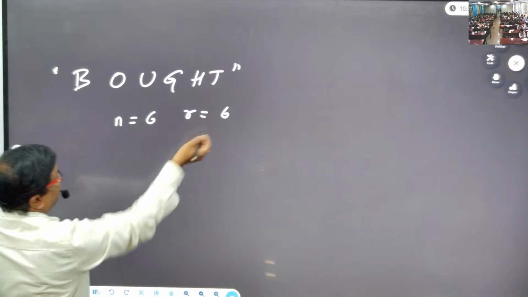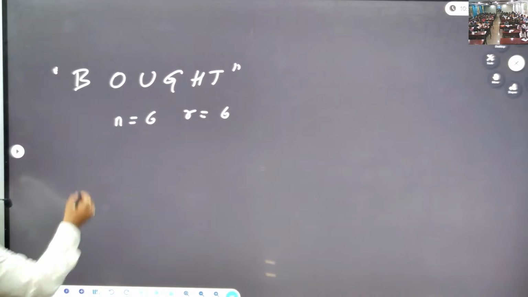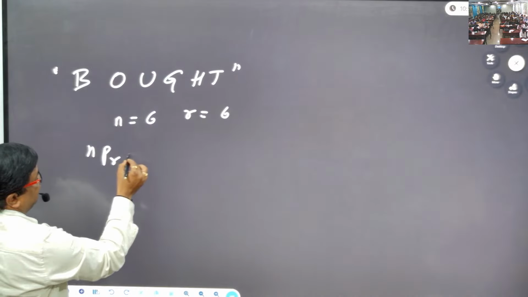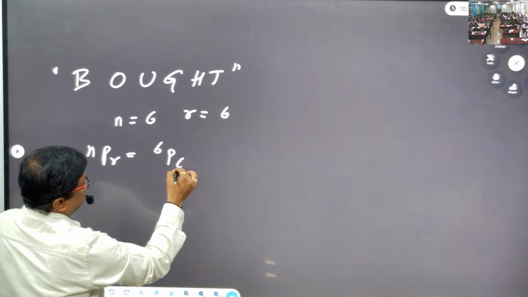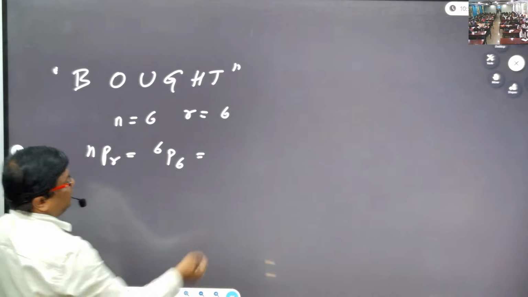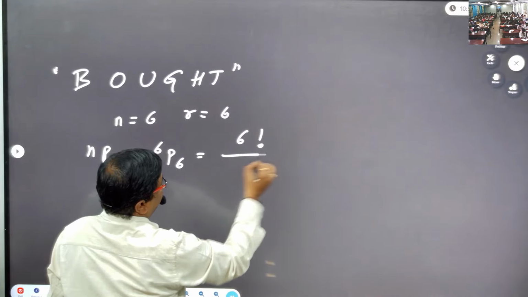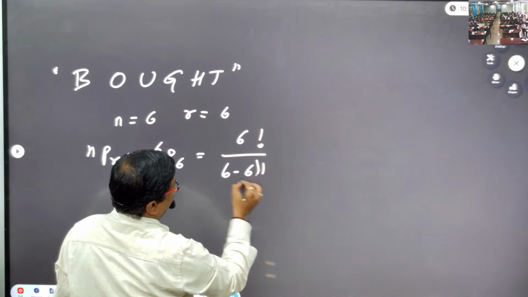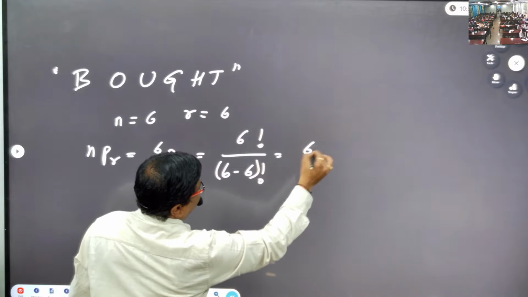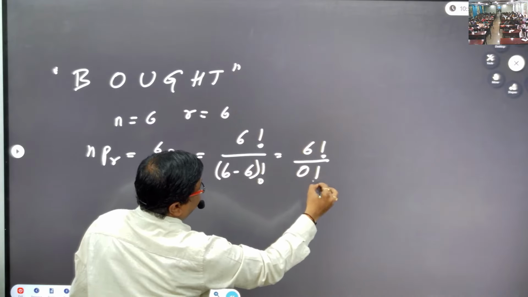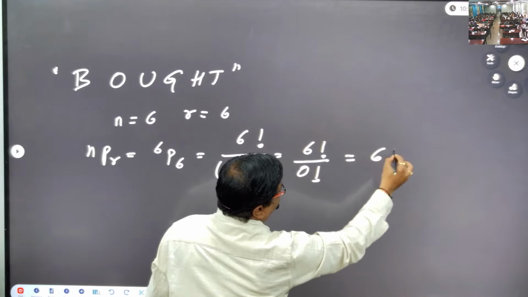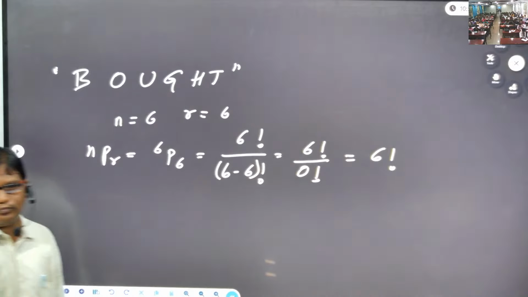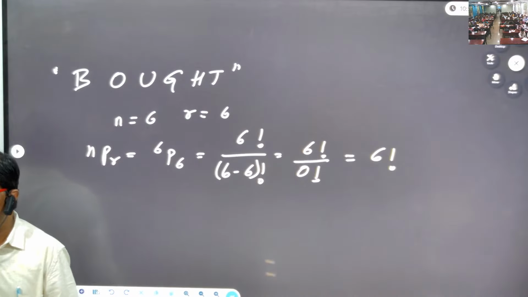So now representing the formula, that is NPR. So what is NPR? 6P6. So what is 6P6? 6 factorial by 6 minus 6 factorial, which is 6 factorial by 0 factorial, which is given as 6 factorial. Okay? That is the answer.